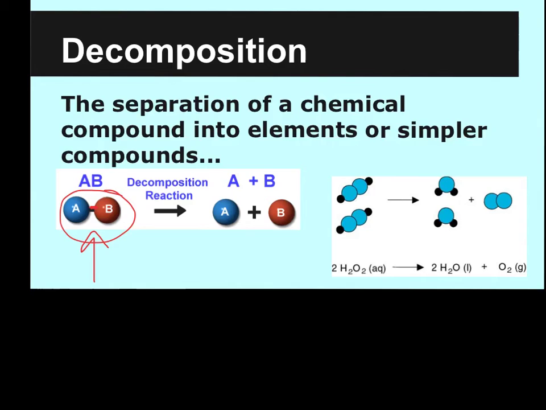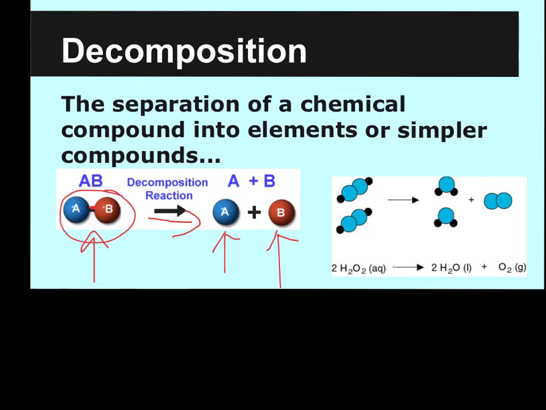In a decomposition reaction, that reactant, where there's only one reactant, AB, is going to decompose to yield A and B. So now they're not together, they're separated. So there's a breakdown, if you will, of the compound into its individual components.